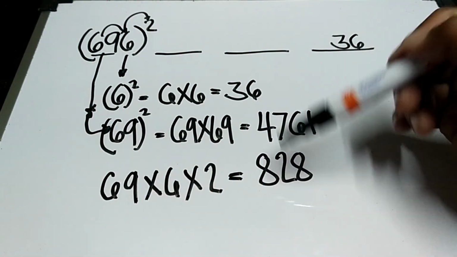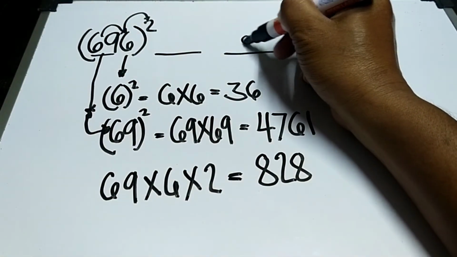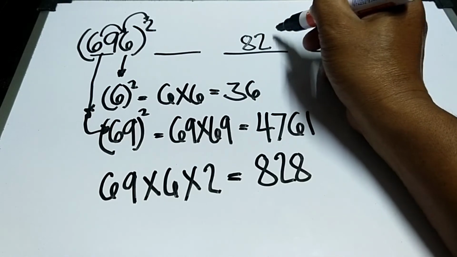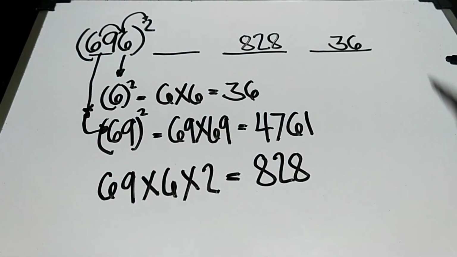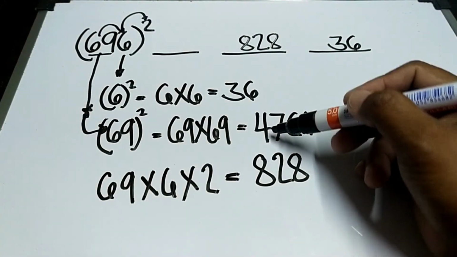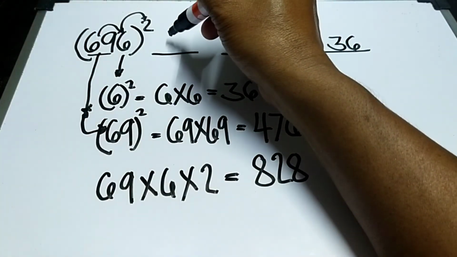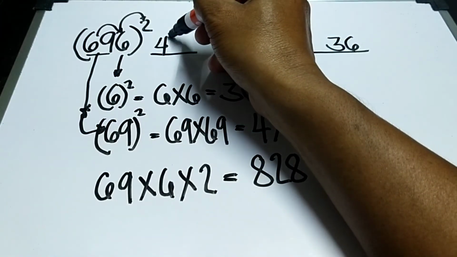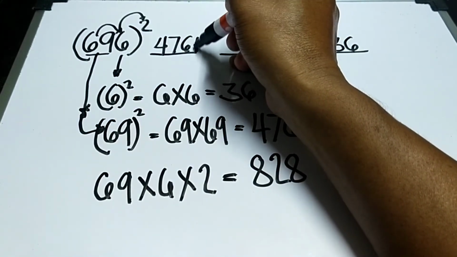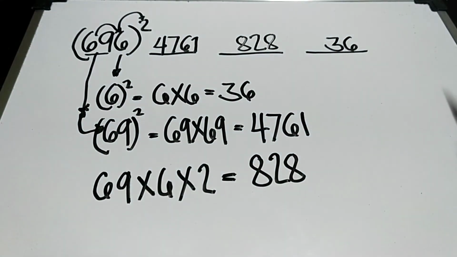And then at the middle part is the 828. Okay, guys. So, very easy. And then, at the 100 place value is 4761.